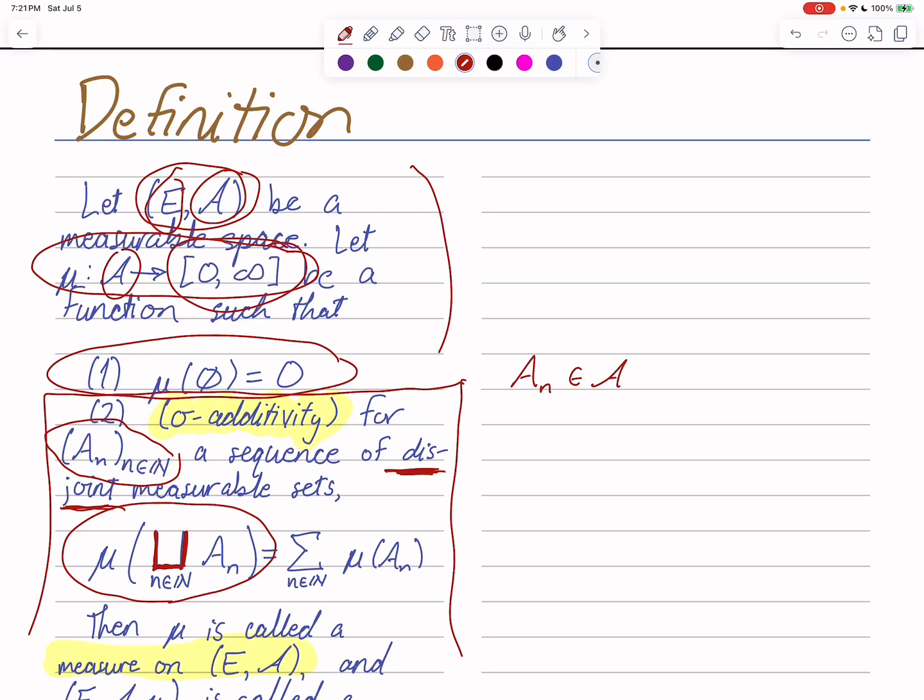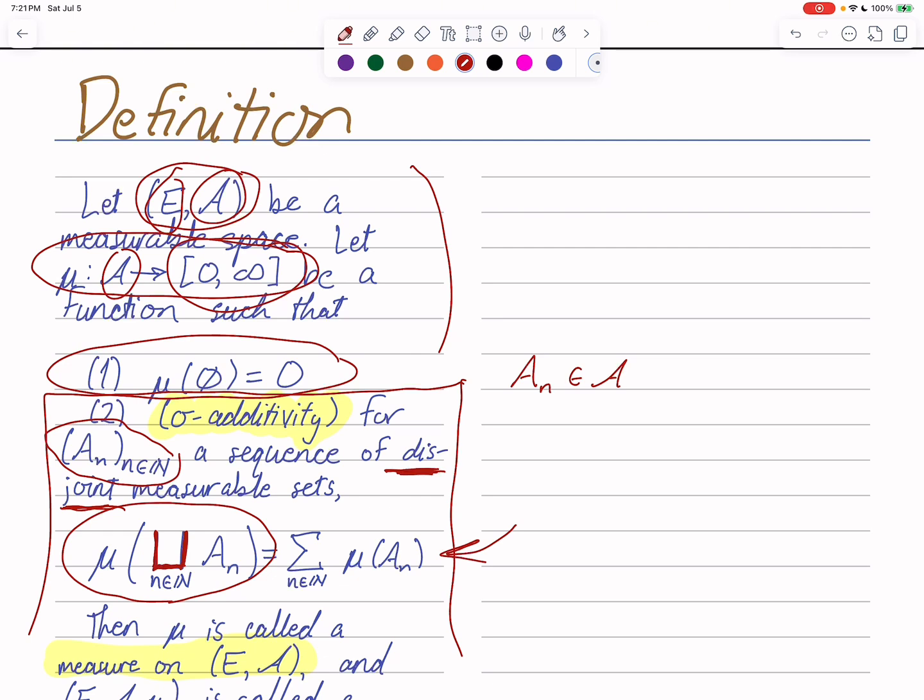That's often valuable because this sigma additivity rule requires a disjoint union. And you can really get yourself into trouble by trying to apply this rule when your union is not of disjoint sets. And so it's nice to have this reminder. It's nice to always make sure that you check that the sets are disjoint and bake it into the notation.